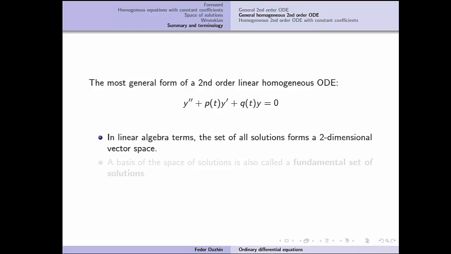Then the set of all solutions is a two-dimensional vector space. The fact that it is a vector space is quite simple. You directly verify that a linear combination of solutions is again a solution, and the fact that the dimension is 2 is because of the existence and uniqueness theorem.